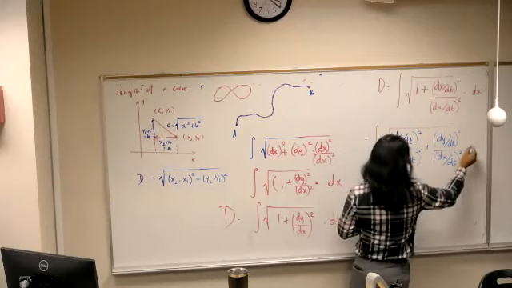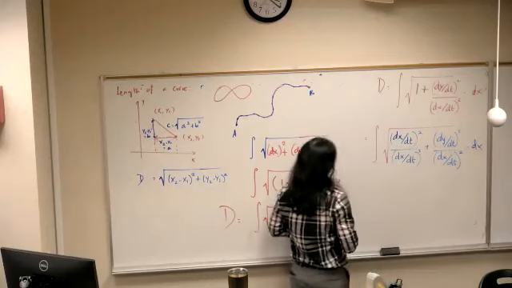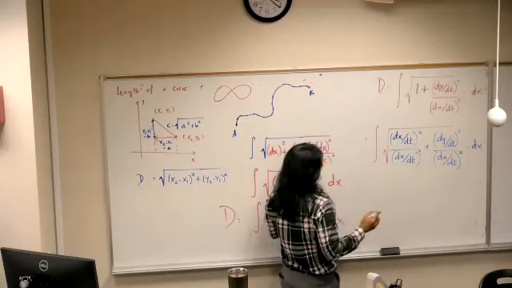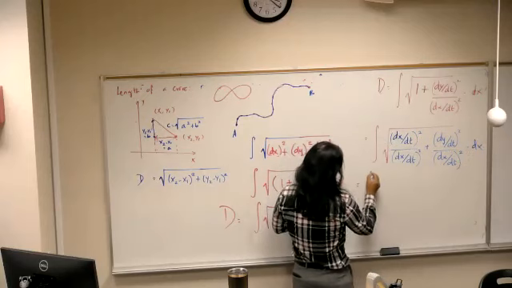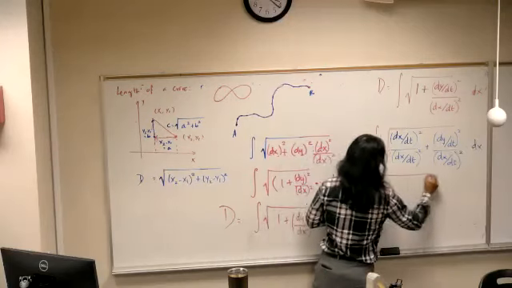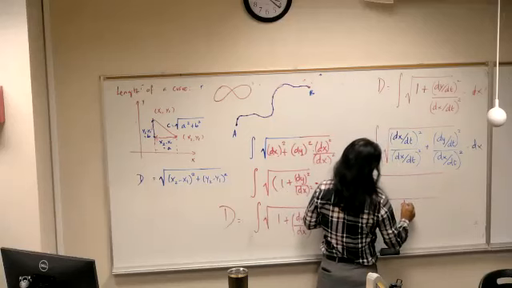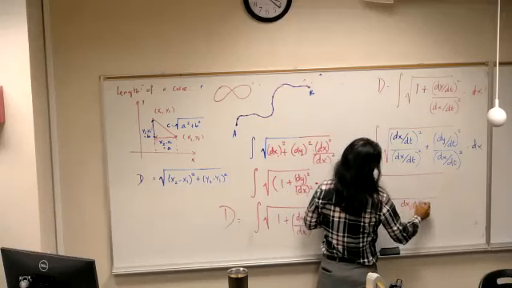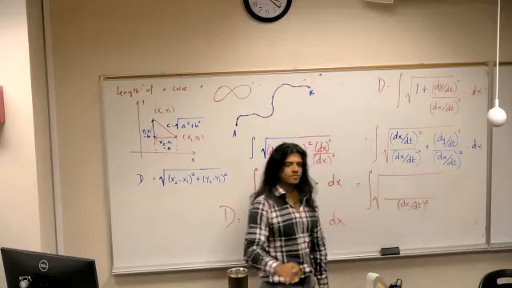There is a dx outside, so we'll keep that. I have a common denominator. I can add the numerators.